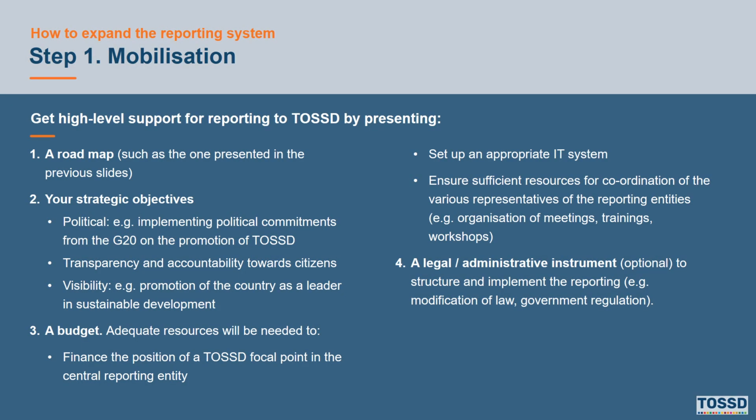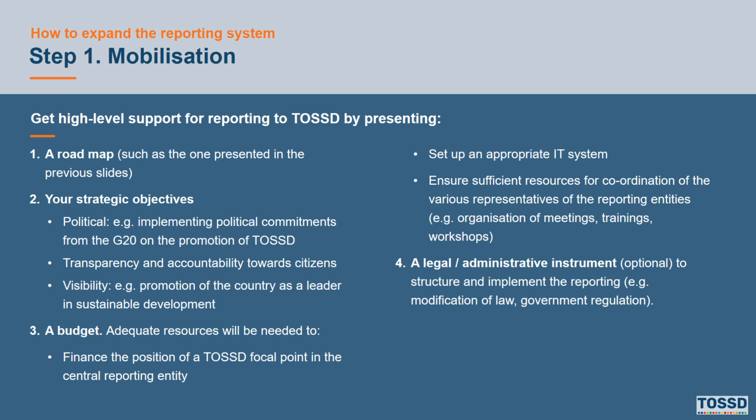In the first step, mobilization, it is important to get high-level support for reporting to TOSD. To achieve this, you should present, first of all, a roadmap, such as the one presented in the previous slides. Second, you should also present your strategic objectives. That could be, for example, political objectives, such as implementing political commitments from the G20 on the promotion of TOSD.